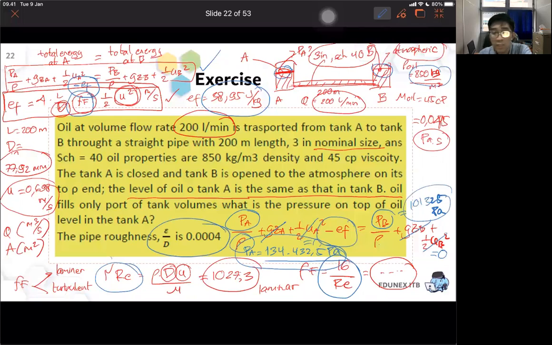For this case, because the Reynolds number is laminar, there is no need to check the graph, no need to use the epsilon over d value. You just calculate 16 over Reynolds number, you get the friction factor, then you calculate EF. After you get EF, you put EF in the Bernoulli. That's all.